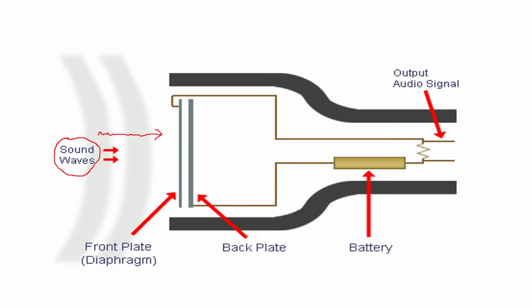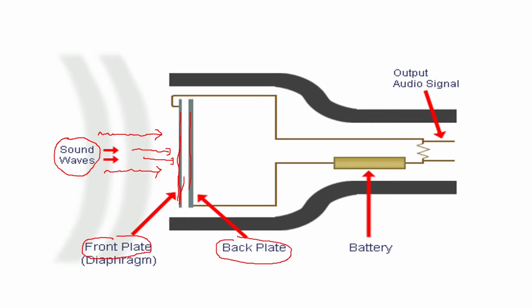These sound waves are incident on a light material which is taken as the front plate of the capacitor. This is your front plate, which is also the diaphragm, and this is the back plate of the capacitor.